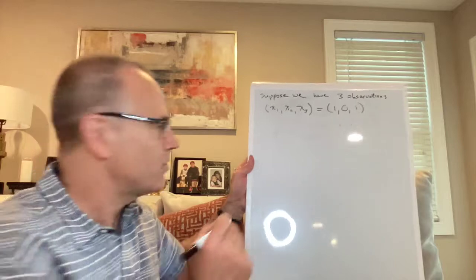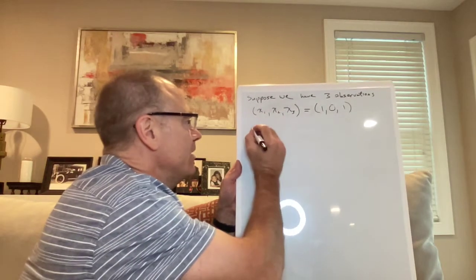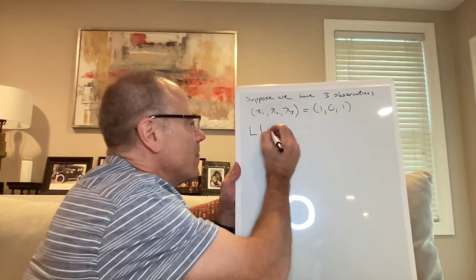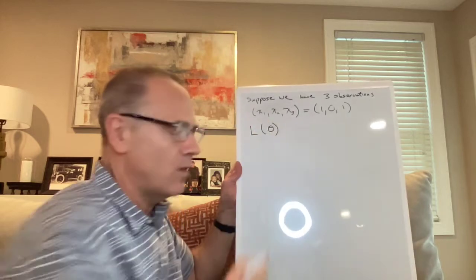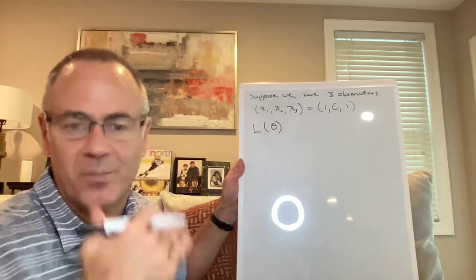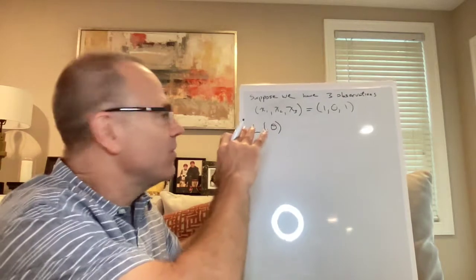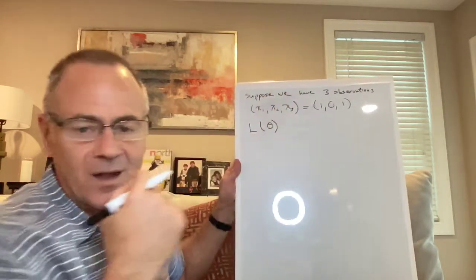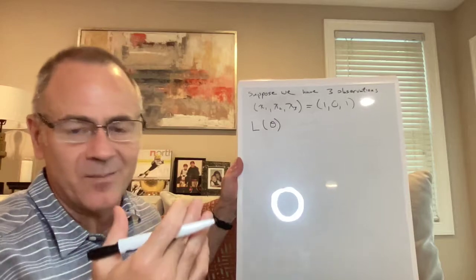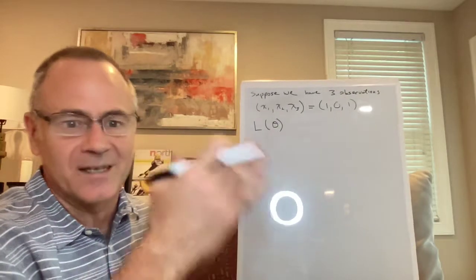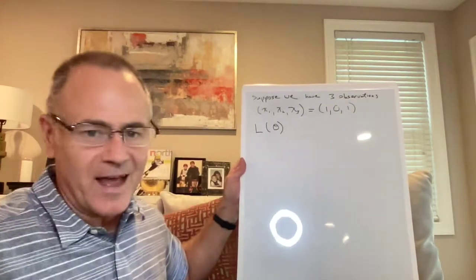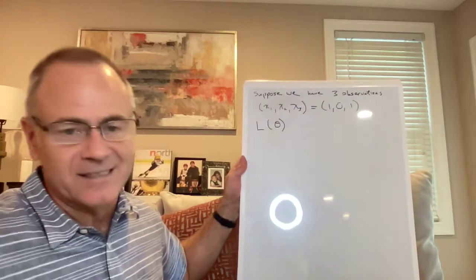We'll always make the likelihood a function of the parameter we're estimating. Usually with density functions, it's the probability of observing the data given theta, so it's a function of the x's given the theta.